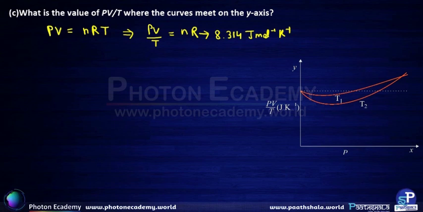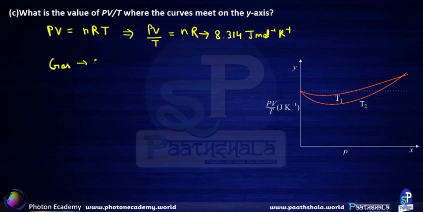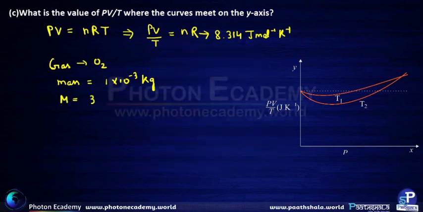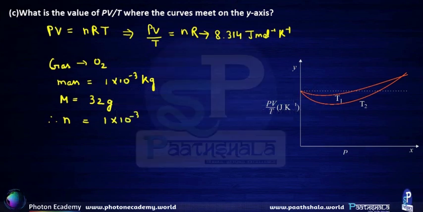So as the gas is oxygen and its mass given to us is 1 into 10 to the power minus 3 kg, we can calculate the number of moles. The molar mass of oxygen is 32 gram. Therefore n will be equal to 1 into 10 to the power minus 3 upon 32 into 10 to the power minus 3, this is in kg.